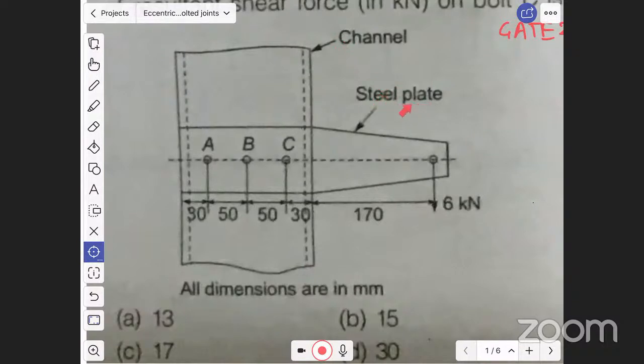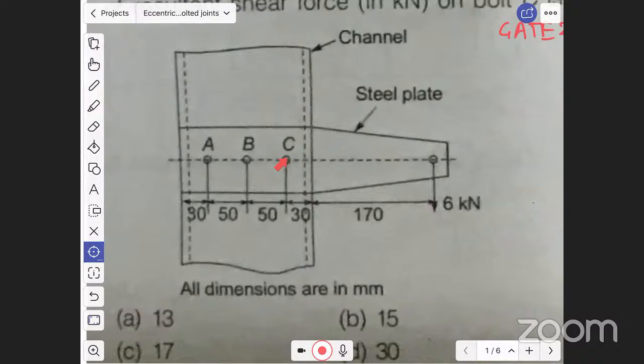Channel is connected to steel plate with the help of three bolts A, B, and C. At A, B, C, there is a bolt. Again, there is an eccentric load of 6 kilonewton applied. This 6 kilonewton is eccentric. Now, the question is to find for this loading what is the resultant load on bolt C. Very simple question.